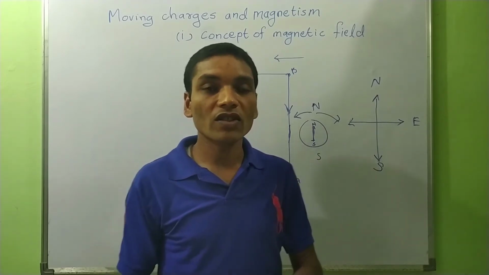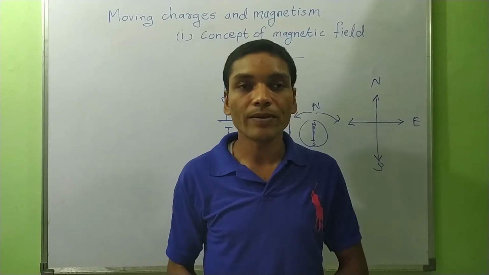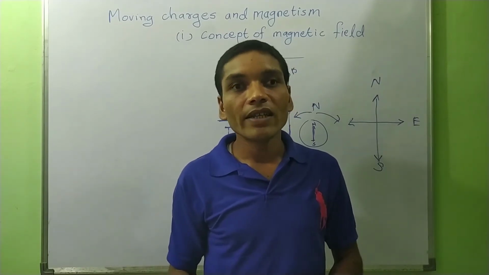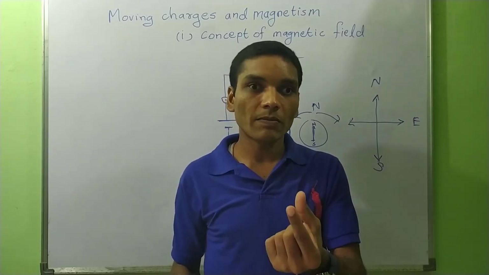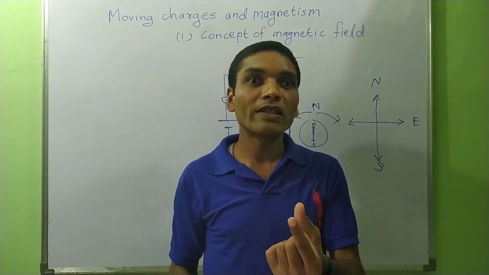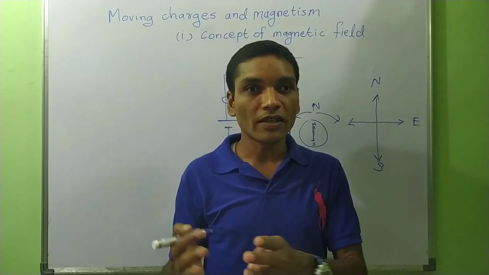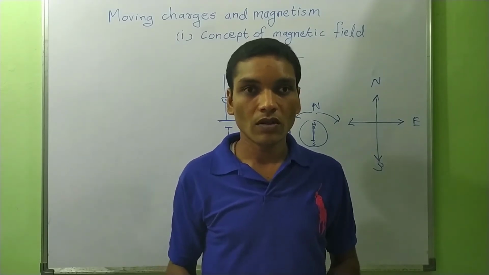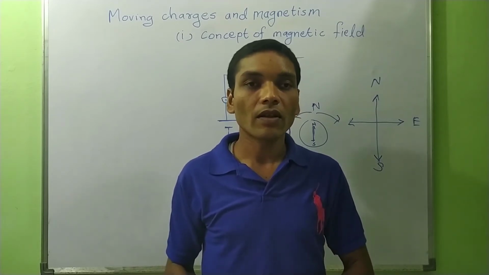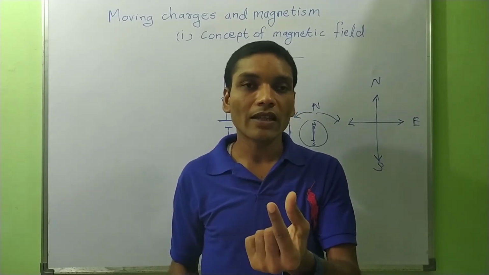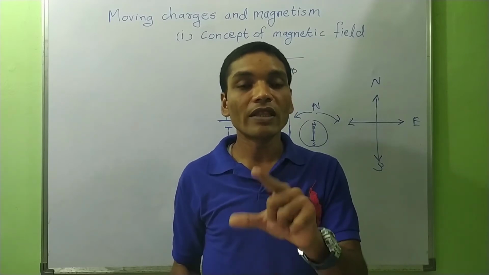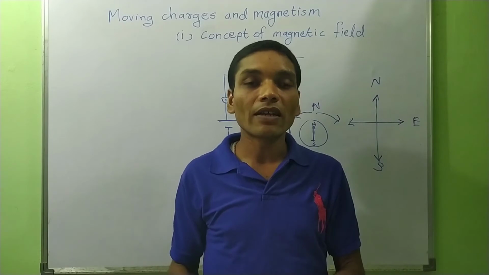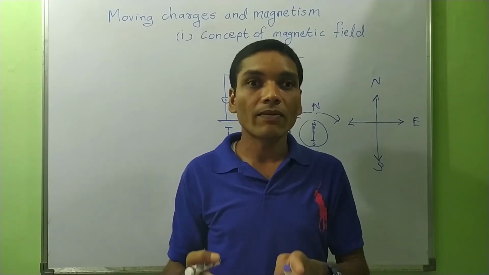So what is the concept of magnetic field? The concept is that when there are two charged particles and one of them is moving, then a magnetic field is produced. Understand once again: when two charged particles are there and one of them is moving, then the moving charged particle produces a magnetic field.